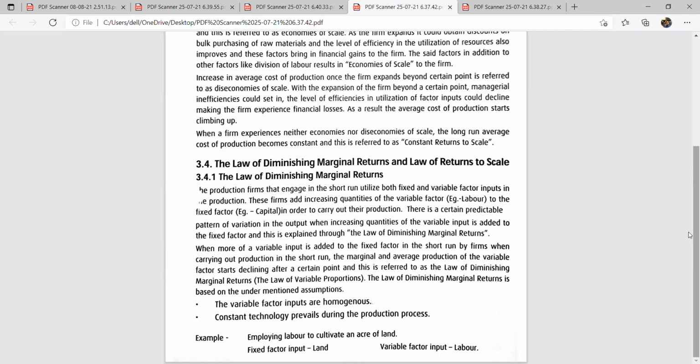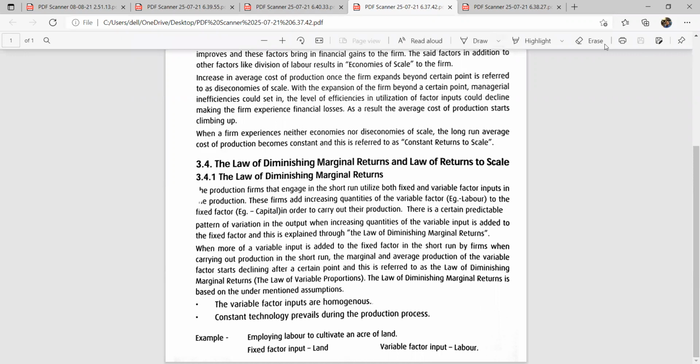So the law of diminishing marginal returns includes two periods, as I told you: increasing returns and diminishing returns.